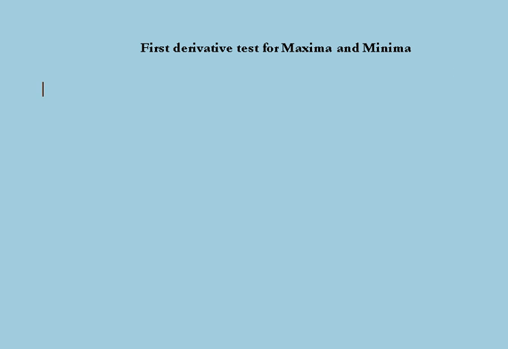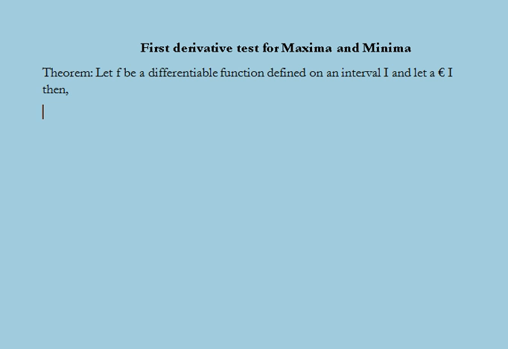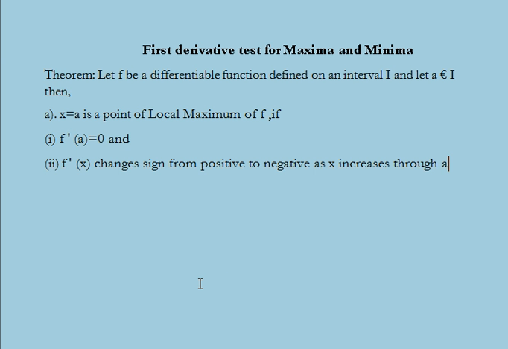For this, let f be a differentiable function defined on an interval I and let a belong to I. Then x equal to a is a point of local maxima of f if f'(a) is equal to 0 and f'(x) changes sign from positive to negative as x increases through a, that is, f'(x) is greater than 0 at every point sufficiently close to and to the left of a, and f'(x) is less than 0 at every point sufficiently close to and to the right of a.